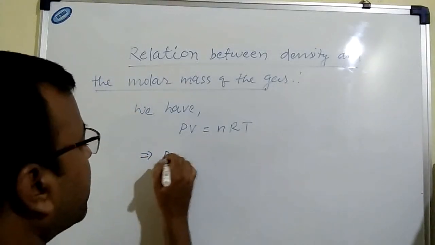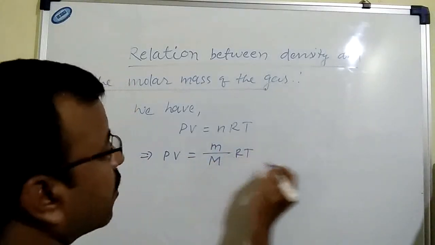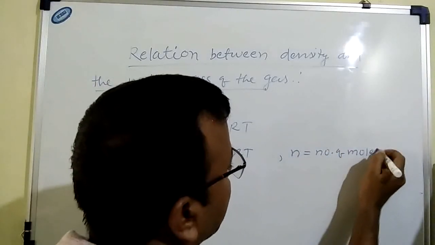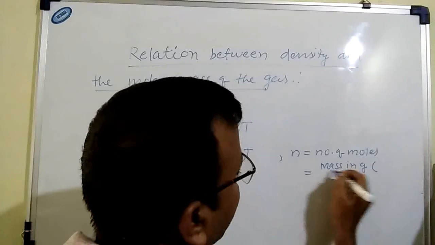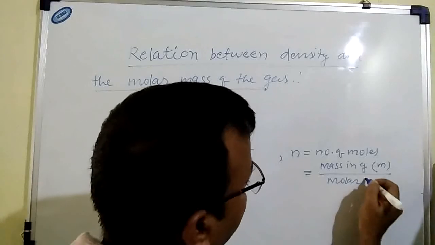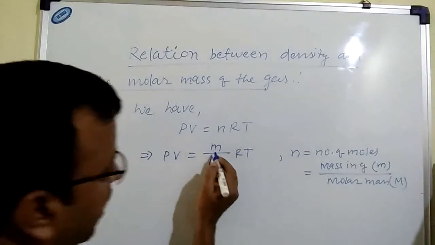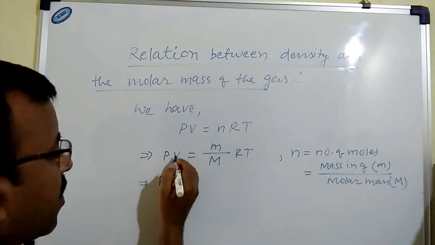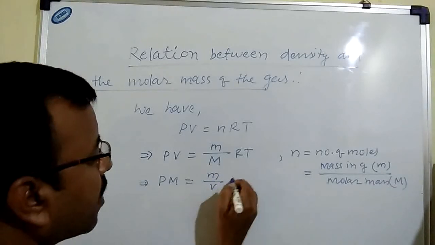So we can write PV is equal to small m by capital M into RT, where the number of moles is equal to mass in gram, let the mass in gram be small m, by the molar mass of the gas, which is indicated by capital M. So in place of n we can write small m by capital M. Now we can rearrange: PM is equal to small m by V into RT.